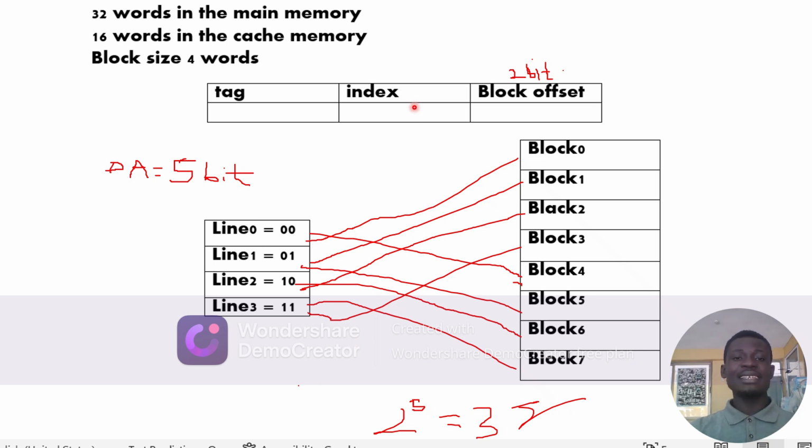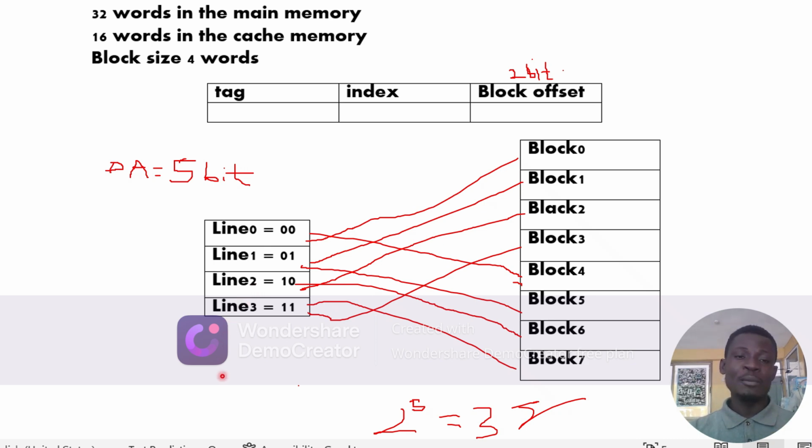The index will show us the specific line in the cache memory where we can locate the address or the block. How many lines do we have here? We have 4 lines.